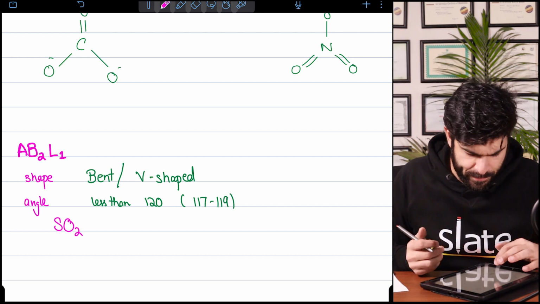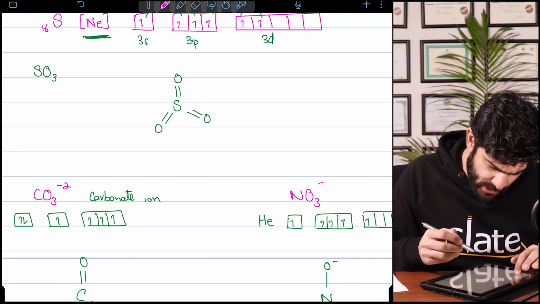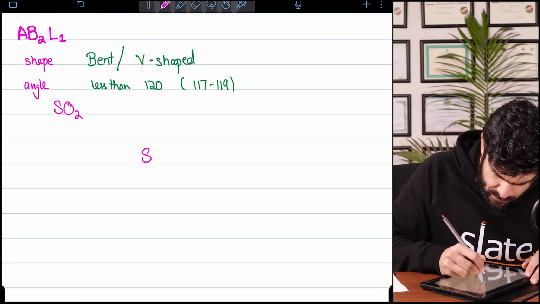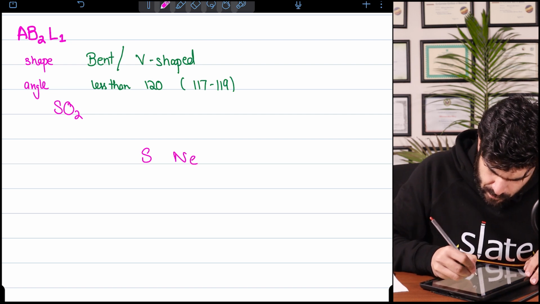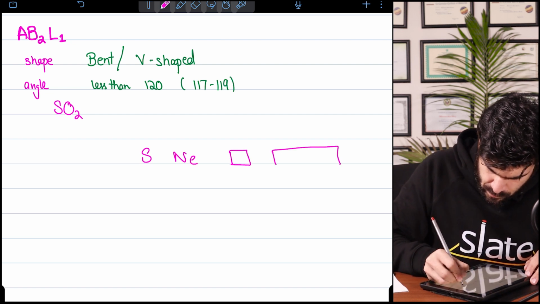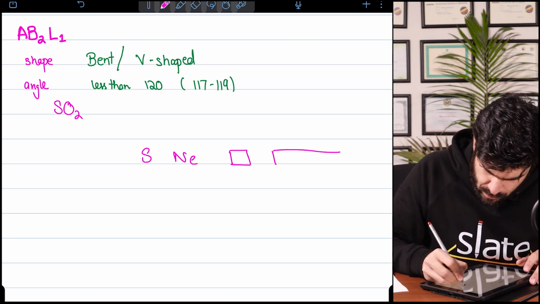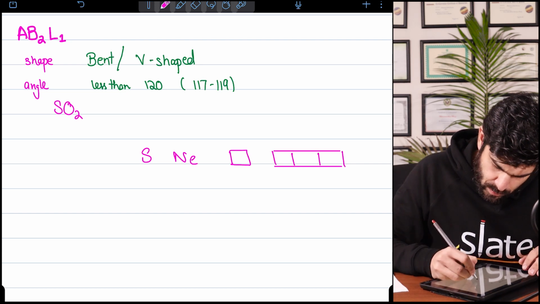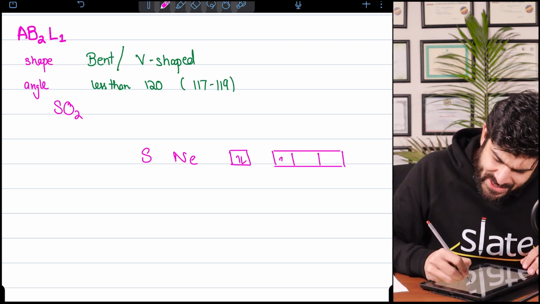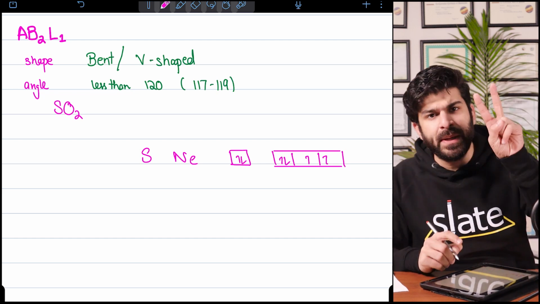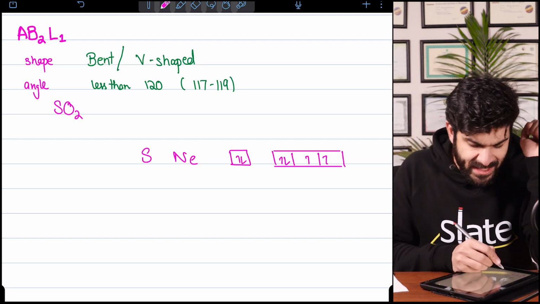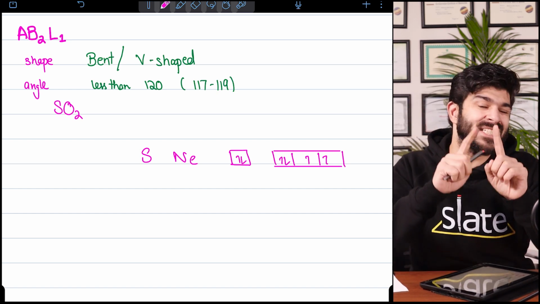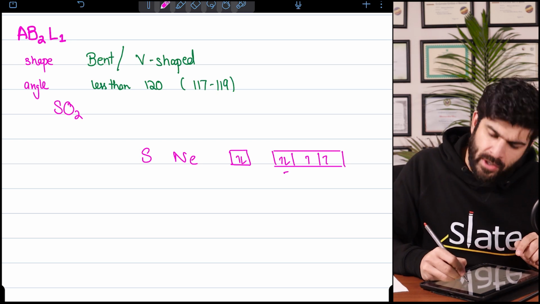So let's talk about sulfur dioxide. We are welcoming a lone pair here. Again, let's see. Okay, let's make our own sulfur again. Sulfur has 6 electrons, and this sulfur can only bond with 2. But in SO2, remember, O will make 2 bonds. There are no charges. So we need to excite at least one of them.